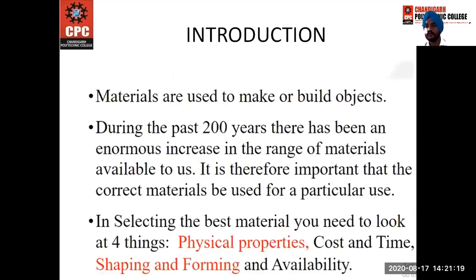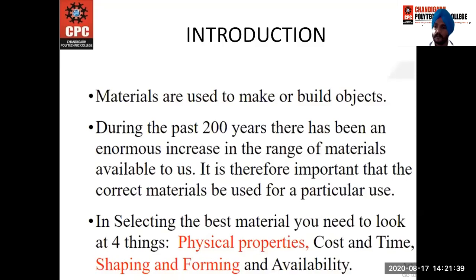Introduction: materials are used to make or build objects. Materials are used to make and build different objects. During the past 200 years, there has been an enormous increase in the range of materials available to us.